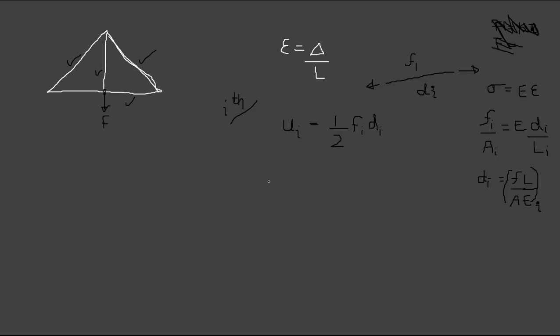So the total work done, the original external force and the external displacements, is equal to the summation. This is the strain energy stored in a particular member. There are a couple of members, so you need to add each member, right?